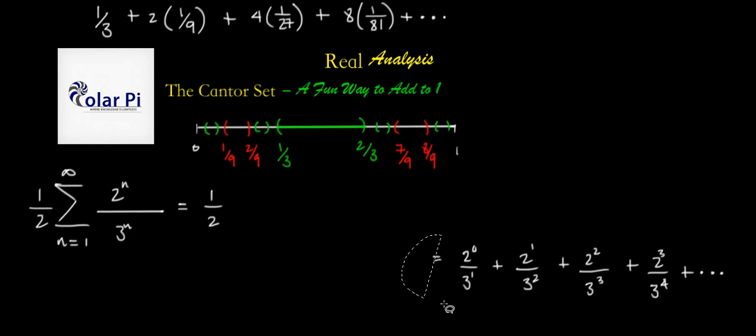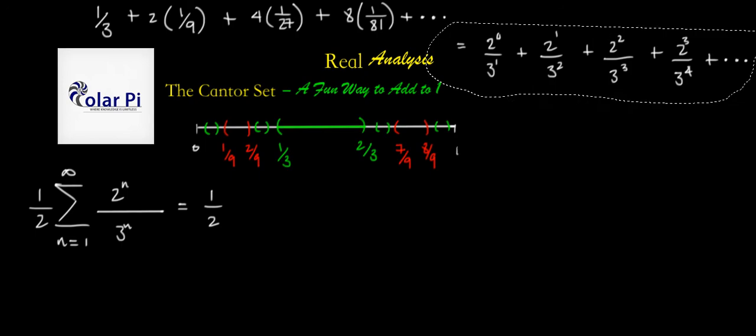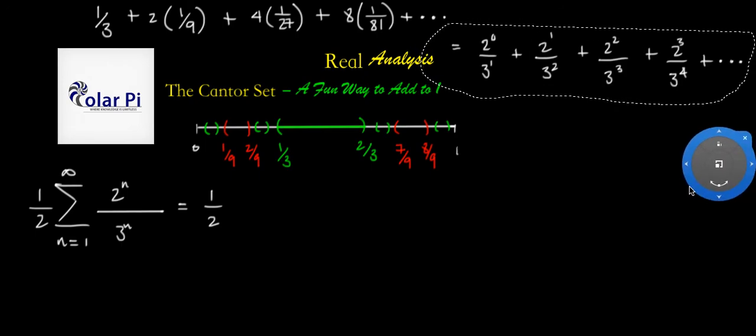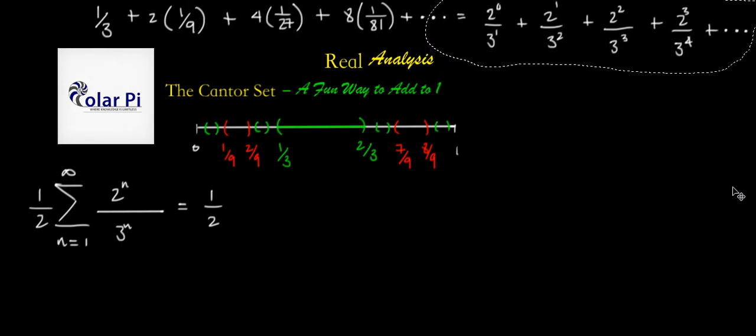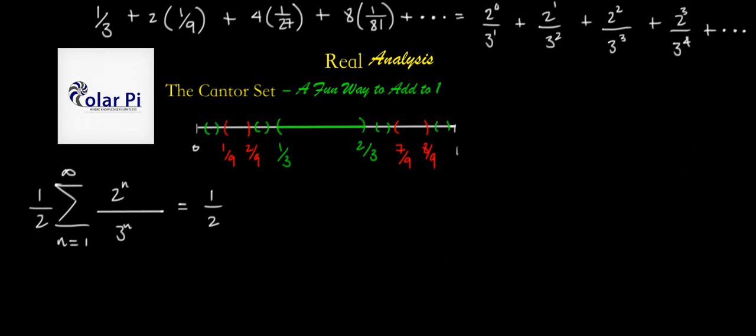One half of, well, this is just the sum from n equals 1 to infinity of 2/3 to the n.